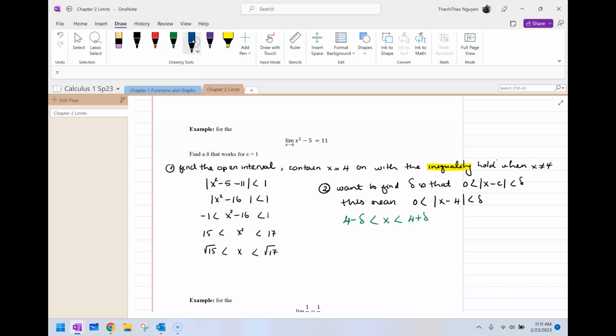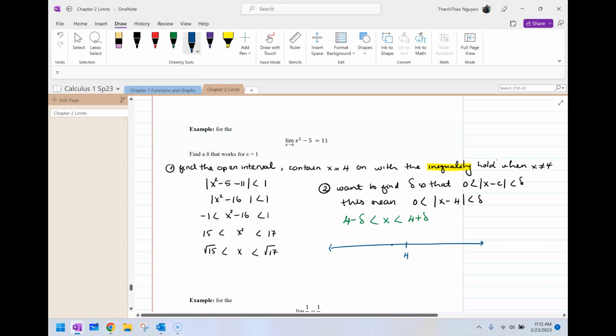Earlier, we have this interval for x. So let's take a look at this on our number line. And let's place 4. So the value of the square root of 15 is somewhere here. Let's make this number line not to scale.